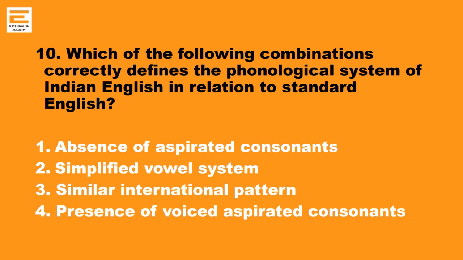Do we have the simplified vowel system? Yes. Are we closer to the international pattern, or do we follow that international pattern? Yes. Then let's go with that. These are the two options that describe Indian English in relation to Standard English.